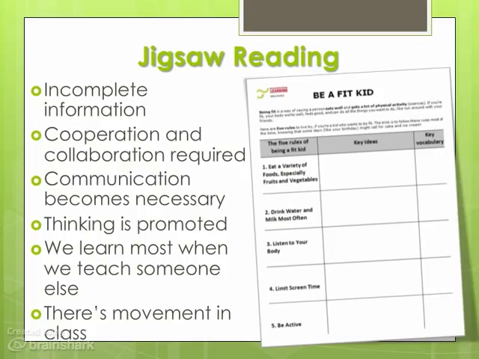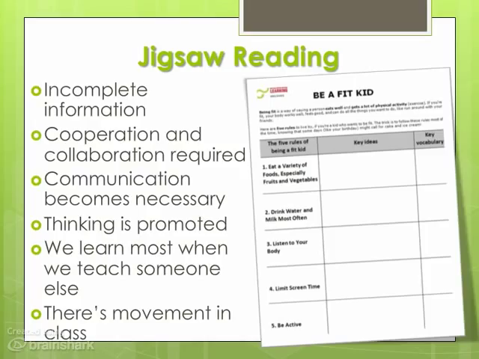This is an idea that we saw earlier on in a previous presentation with the butterfly text, whereby we take quite a long text and we divide it so that each student reads only a small section, and they complete a table such as the one here about being a healthy child.